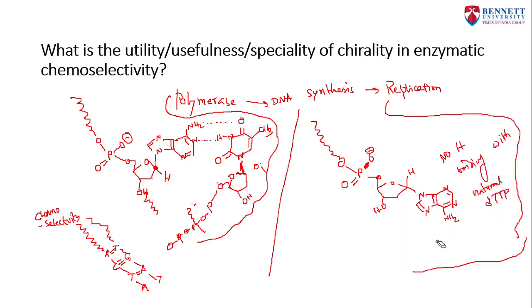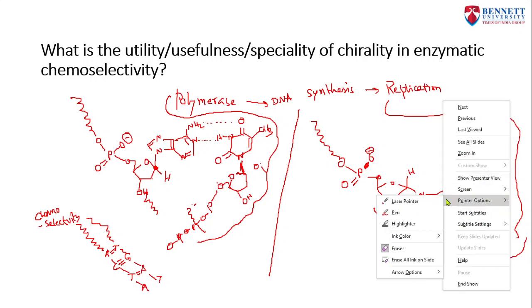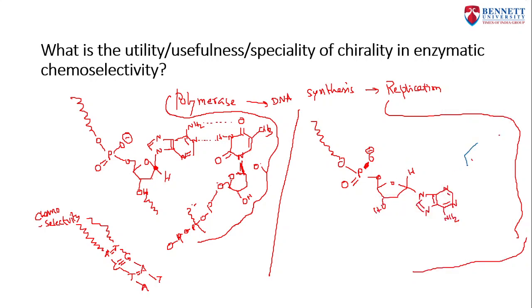So the T will be somewhere here, presented by the enzyme, and your base is now no longer present where it can participate in hydrogen bonding anymore.